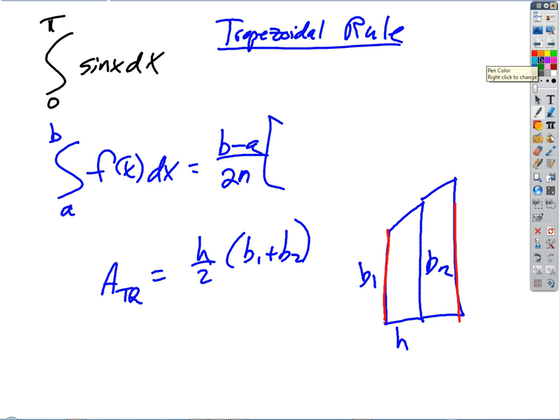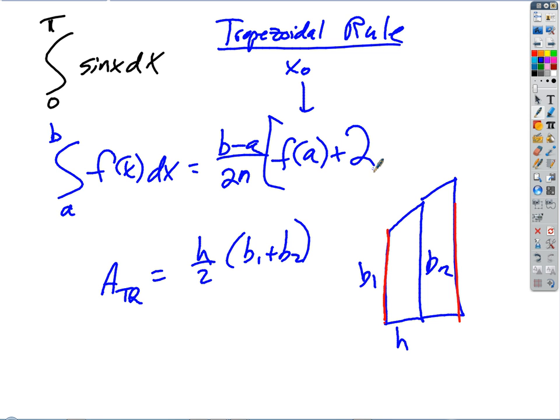f of a, essentially, which we could call f of a or f of x sub 0. I'm going to call it f of a, same thing as x sub 0, plus the next height that we have, which is going to be f of x sub 1. That's going to have to show up twice because it's used once for this trapezoid and once for this trapezoid. So all these other ones are going to get these coefficients of 2.